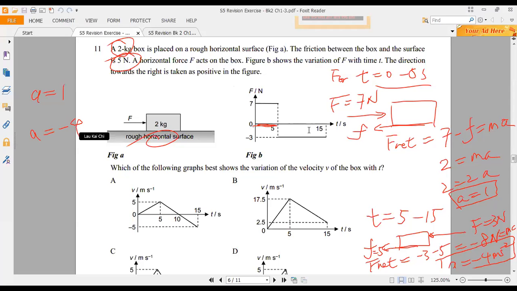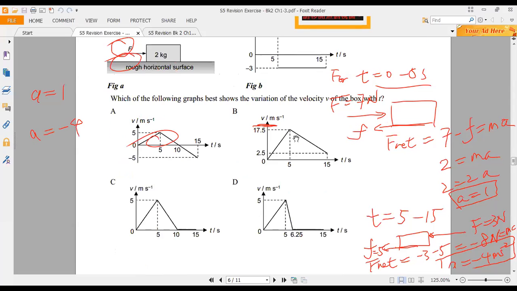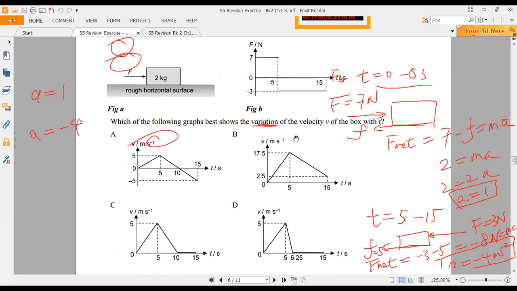Now I will scroll down a little bit to check the options you provide. So which one is the most likely answer? We may cross out B first. You may see that the slope here, looking at the acceleration, should be equal to 1.